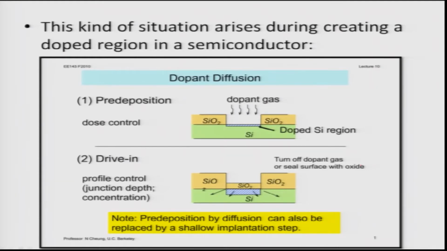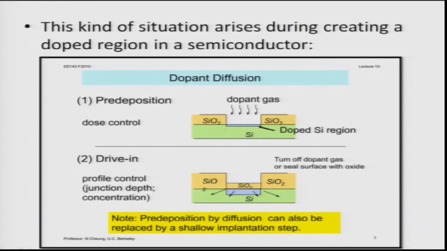One example is semiconductor doping. Suppose we have silicon here, and this is silicon dioxide on the surface, and you want to dope this region of silicon with some boron or, let us say, phosphorus. We just put a gas, and this gas will allow the dopant to diffuse into this.